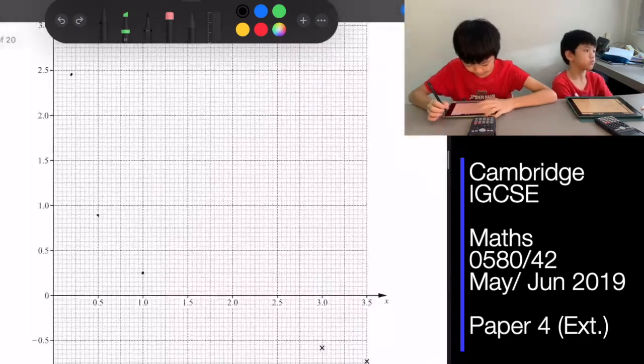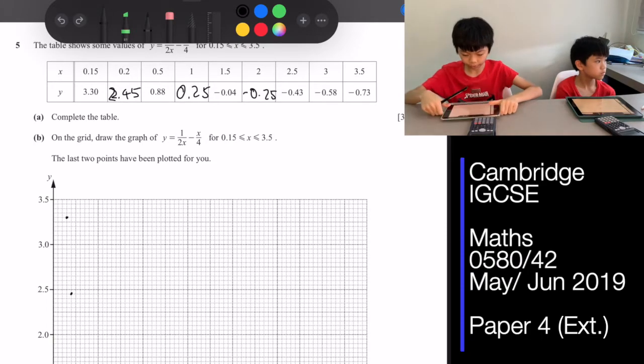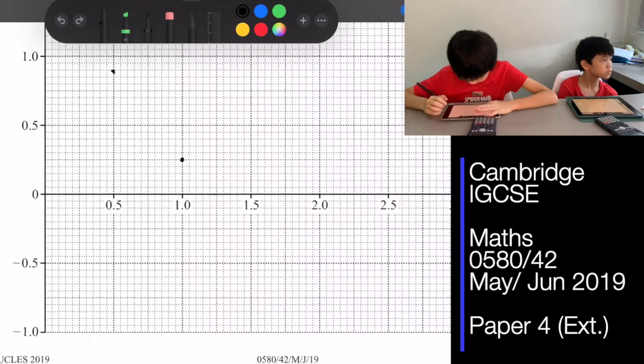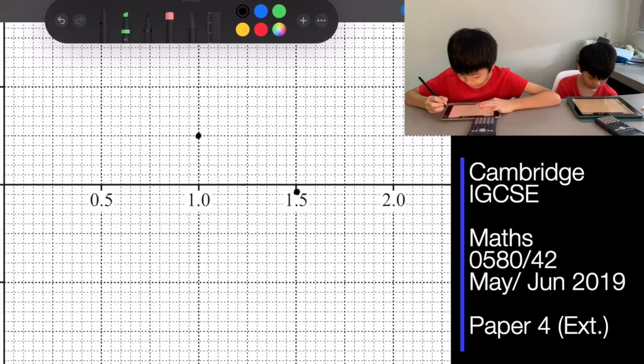When x is 1.5, y is negative 0.04, which is somewhere here.